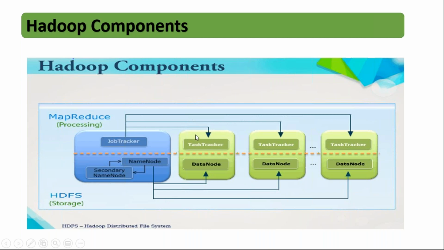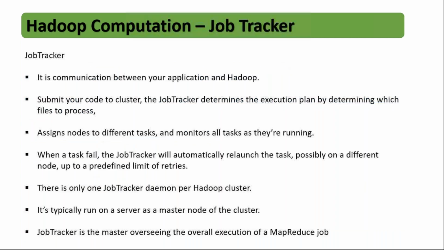So whenever any task tracker fails to communicate with the job tracker, the job tracker will understand that so-and-so task tracker has failed and the particular task needs to be assigned to another task tracker, whichever is available, and complete the task. It doesn't wait for this task tracker to be repaired and start running. Remember that. Immediately after identifying that a task tracker has failed, it will move on to another task tracker and assign the task to it.